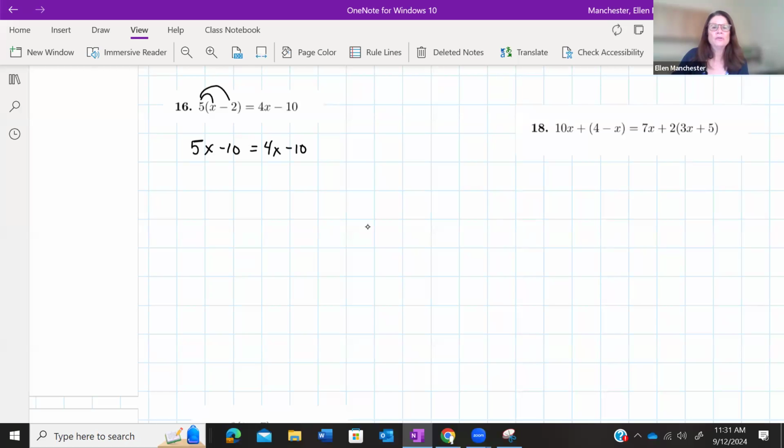All right, so we distributed. We get 5 times x is 5x. 5 times -2 is -10. And then we're going to move the 4x over by subtracting, and I end up with 5x minus 4x is 1x.